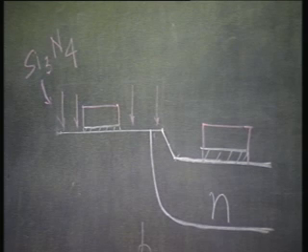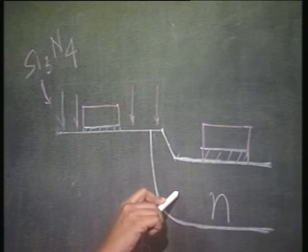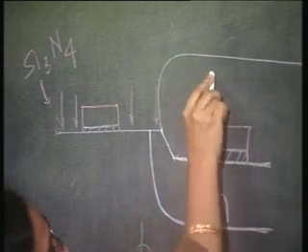And of course, when you are doing this boron implantation, you have to prevent this implantation from going into the Nwell. So, this region must be masked with photoresist.